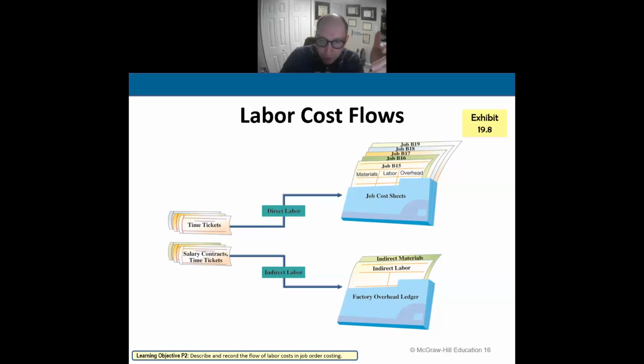You could have multiple employees working on one job. But it's important that we track the exact hours that each employee is working on each job through the use of time tickets. I also track my supervisors' salaries and other people through indirect labor. And you know that goes on into factory overhead.